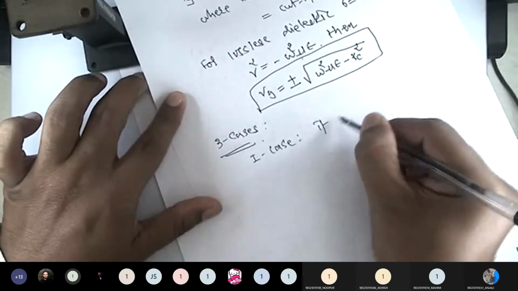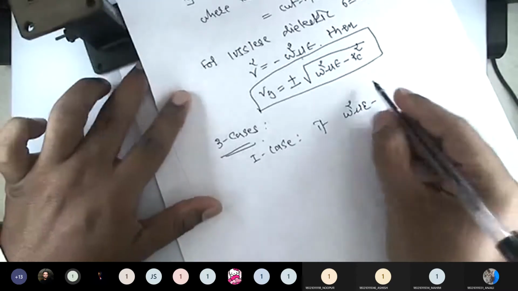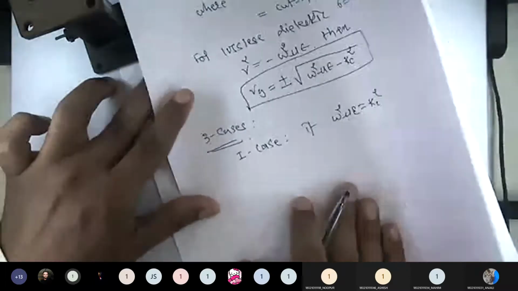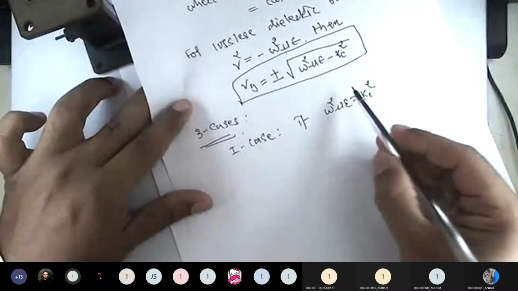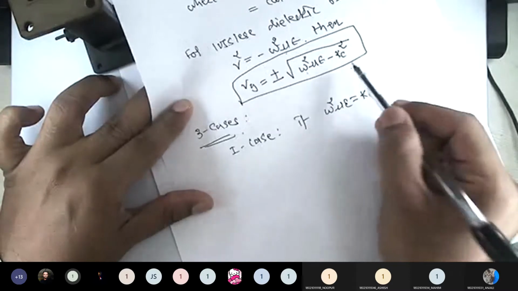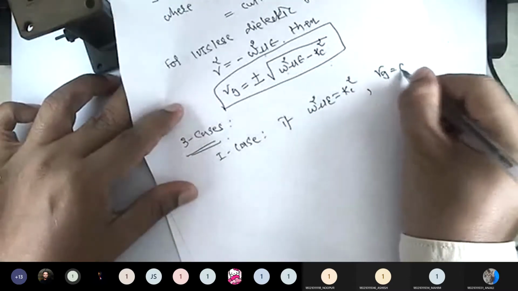If omega square mu epsilon is equal to kc square, then it is obvious that gamma g will become 0.